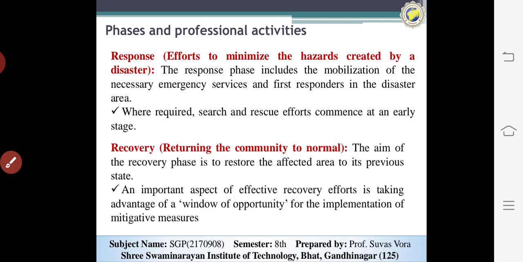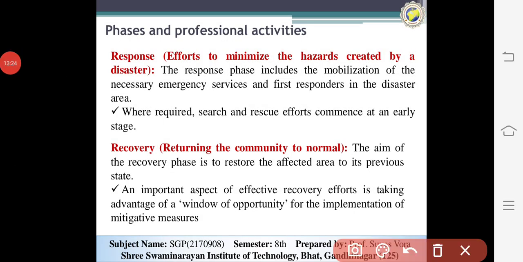Now the next one is response. Response is the effort to minimize the hazards created by the disasters. It means that the response phase includes the mobilization of the necessary emergency services and first responders in the disaster area.